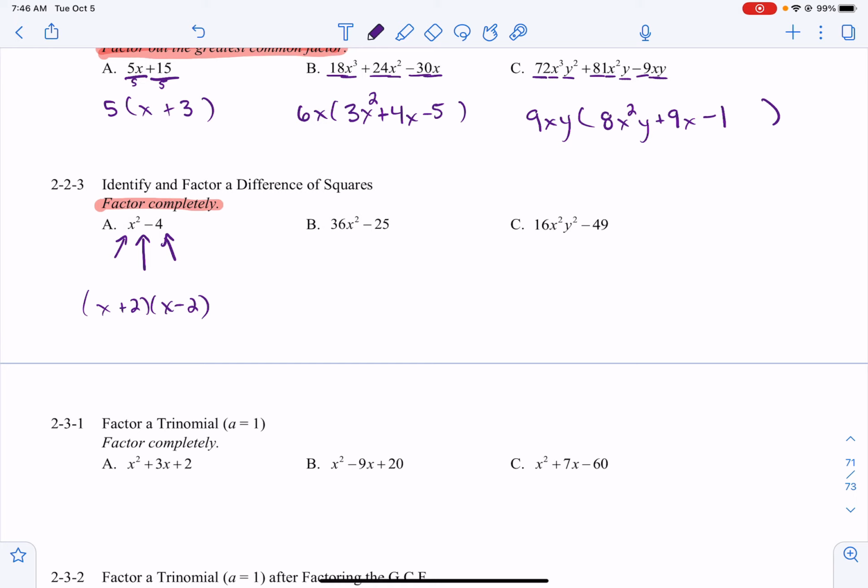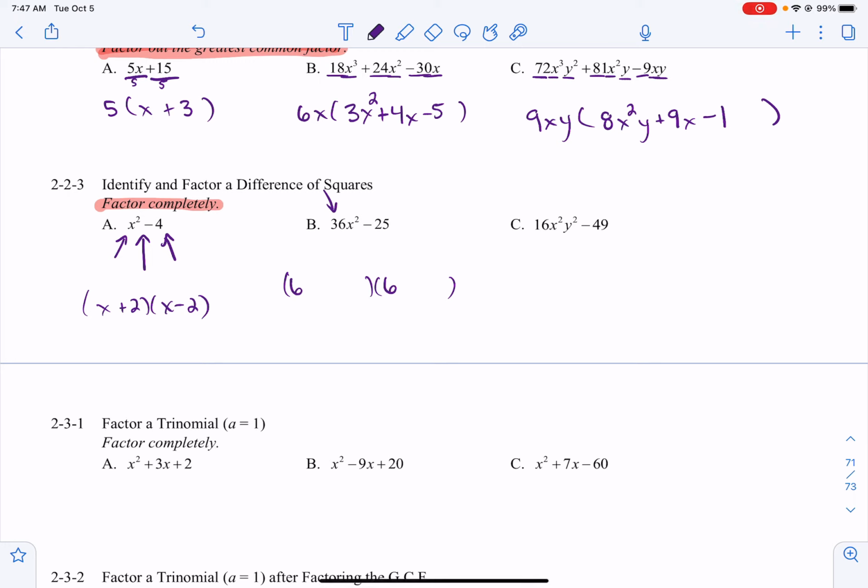So part B, 36x squared and negative 25. Now remember, I don't know that this is necessarily going to work on the test. It doesn't tell me this will automatically work. So I need to look and make sure something times itself is 36. Well, yeah, 6 times 6.